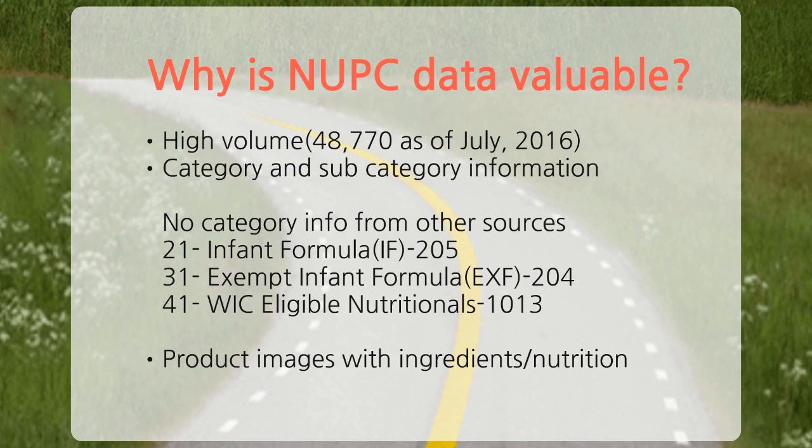And the items under those categories are almost impossible to get the right UPC for. National UPC has all the category and subcategory information, so it was really helpful. And in some cases, national UPC is the only place we can get a product image.